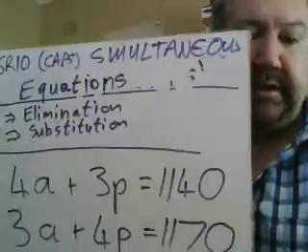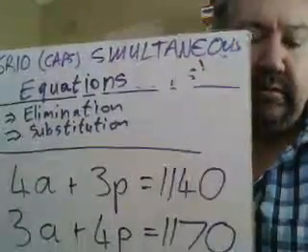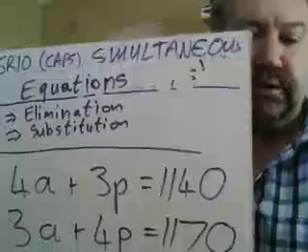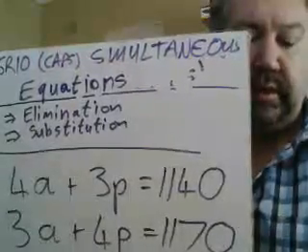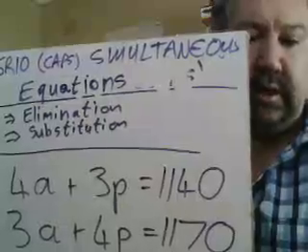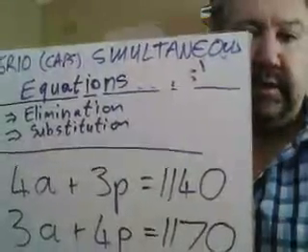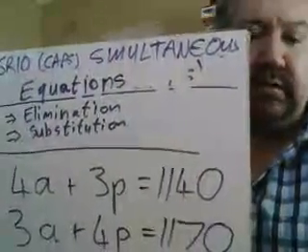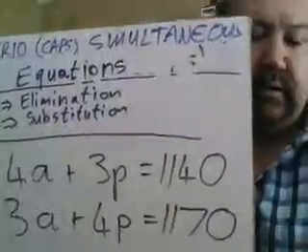So elimination, we get rid of one of the variables, and substitution, we replace one of the variables with another one. Okay, let's get started with solving our problem on the board.